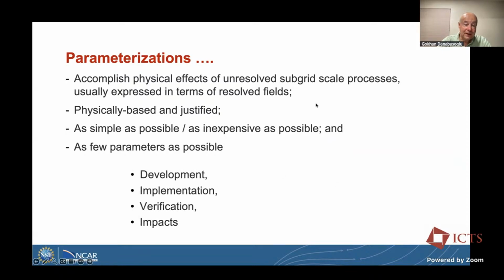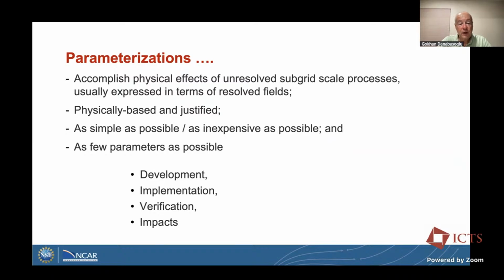In my view, there are 4 phases of parameterizations. One is that you develop a parameterization based on physical principles and also using process models. Then you implement your parameterization. Then you verify your parameterization. If observations are available, ideally you should be able to verify it against observations for a particular aspect of what the parameterization is doing.